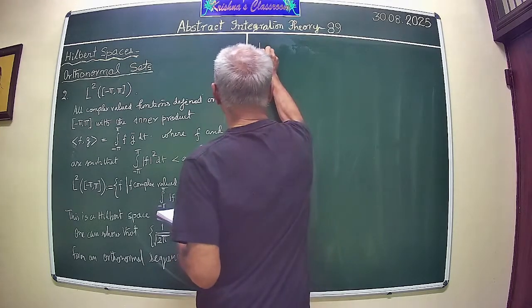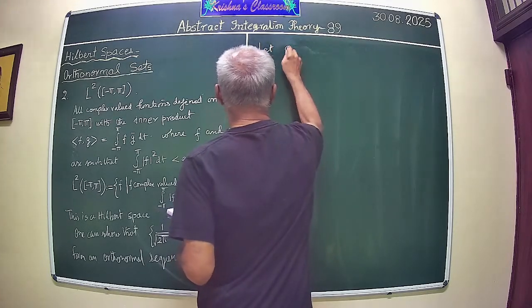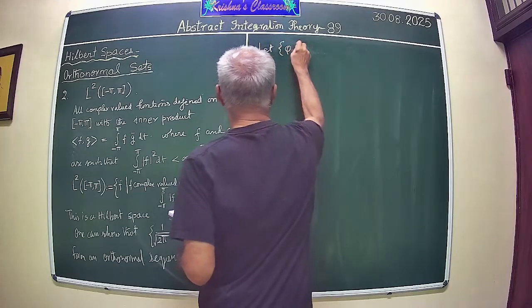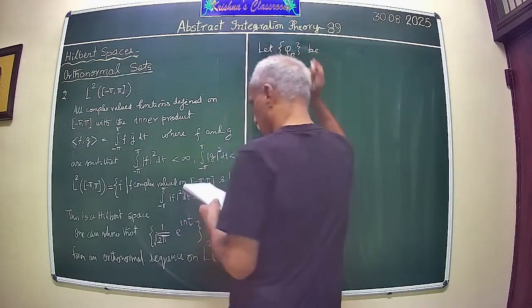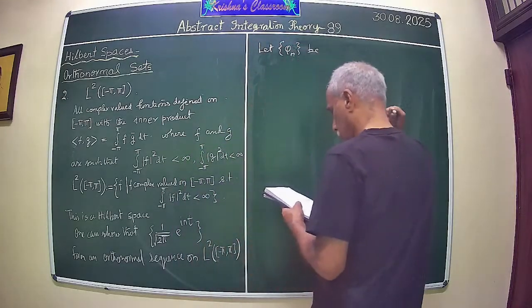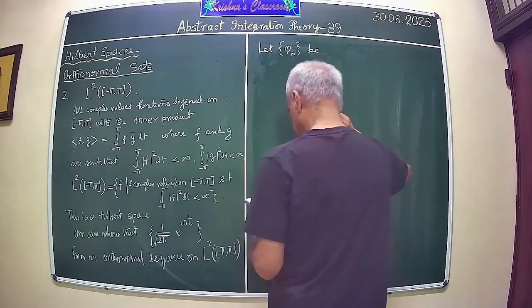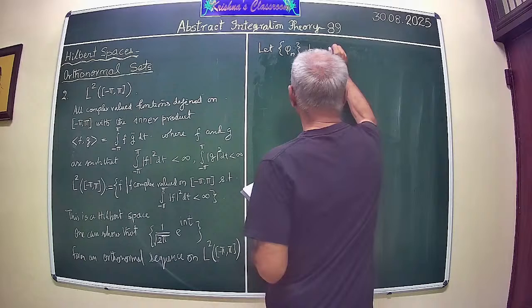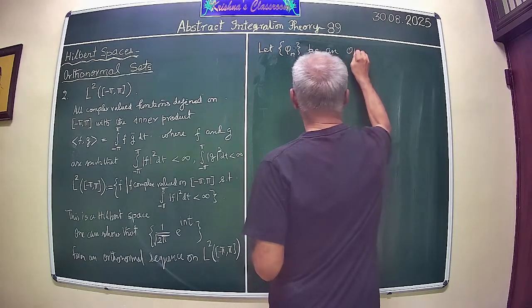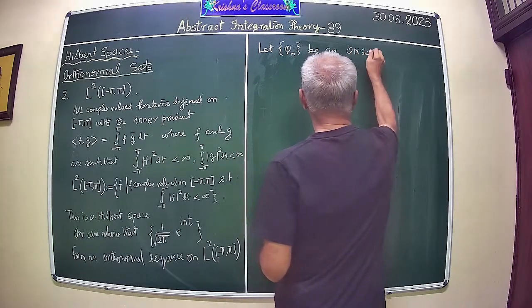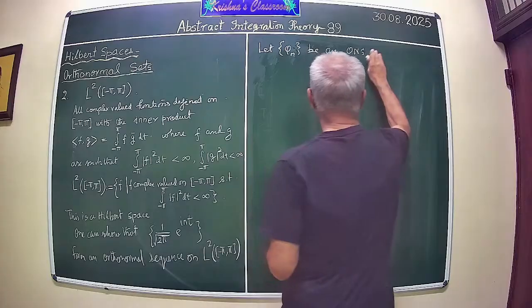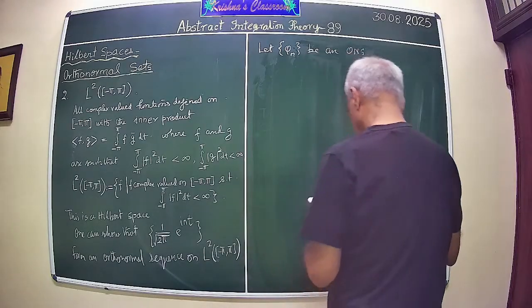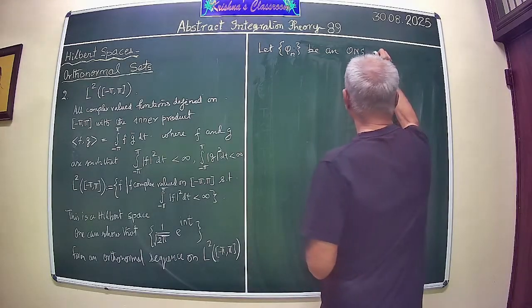So let phi n be an orthonormal sequence on AB.